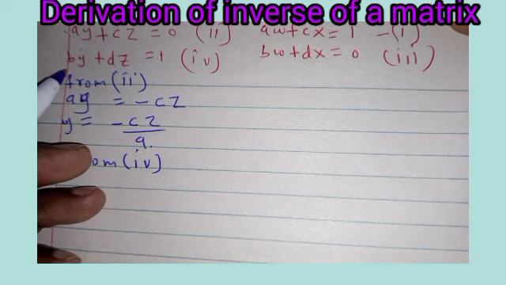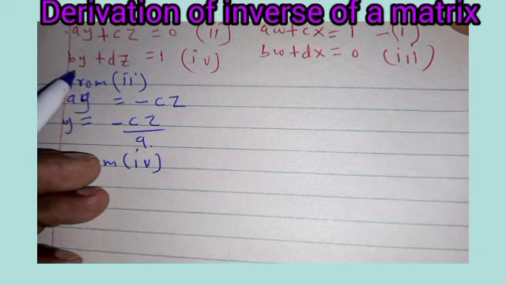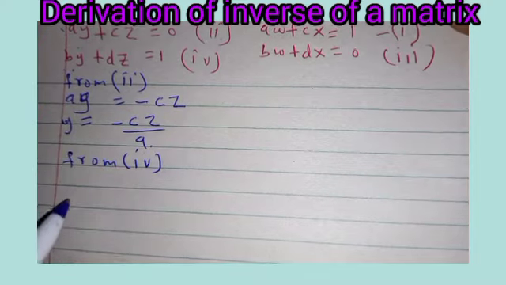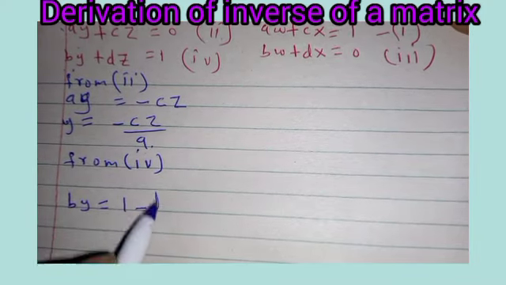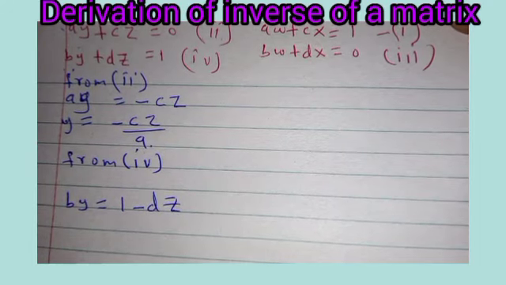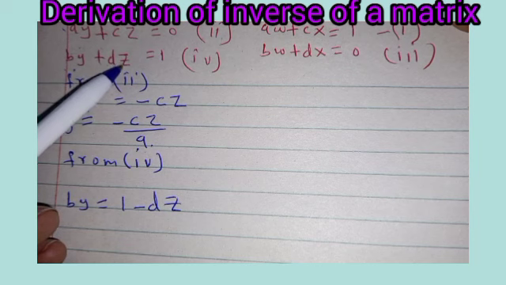BY will be equal to 1 minus DZ, when you take DZ to the other side.